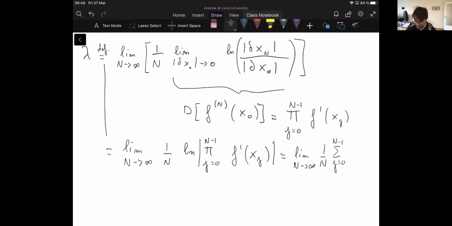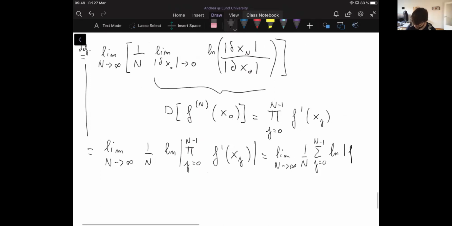That was probably too large to grasp. F prime, let's do it in a new line.